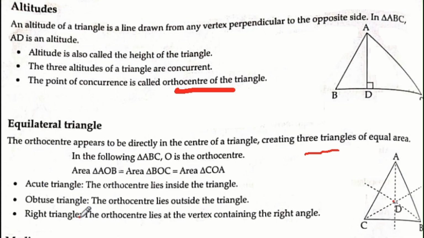And for a right angle triangle, the orthocenter lies at the vertex containing the right angle. We will be having an angle of 90 degrees at that vertex. So that's how the orthocenter lies in the three different triangles: acute triangle, obtuse triangle, and right angle triangle.